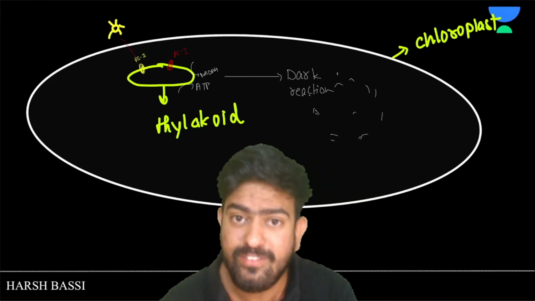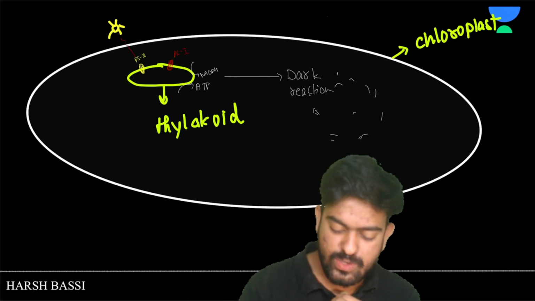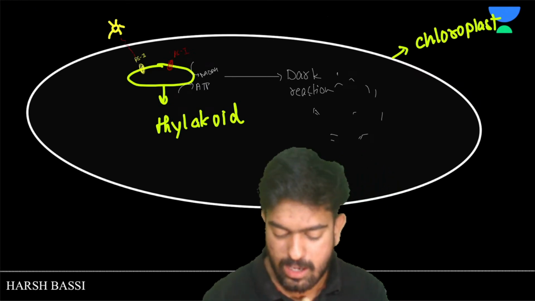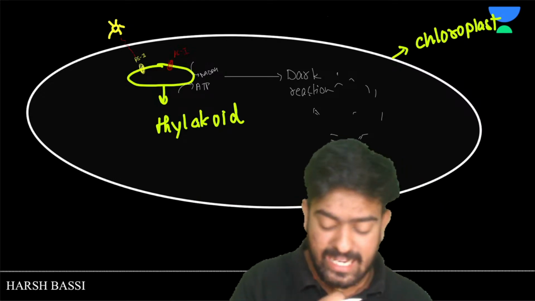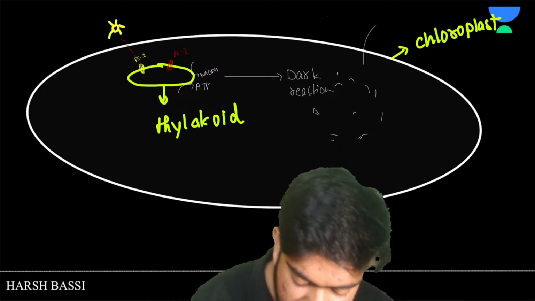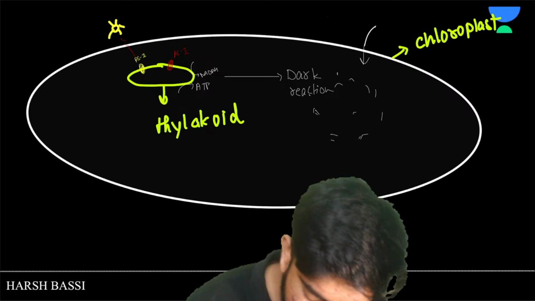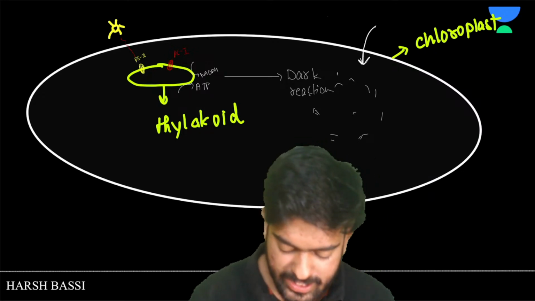So whatever we are going to learn now is going to happen in the stroma. What does this dark reaction do, sir? It takes the CO2. It needs CO2.